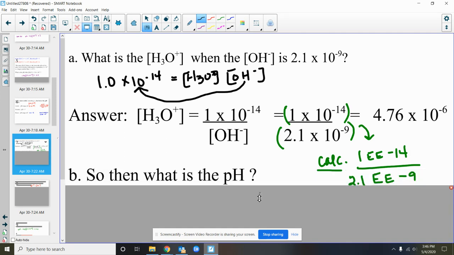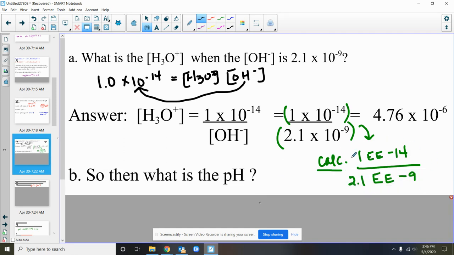And again, when you put this into your calculator, don't do times 10. Please do that E value, because if you don't put this in parentheses and do that E value, your chances of being incorrect just because you plugged it in wrong are significantly higher. Okay, so I'm going to plug this in my calculator, 1 times 10 to the negative 14th, there's my constant, divided by what it gave me, 2.1 times 10 to the negative 9th, and I get my hydronium content.